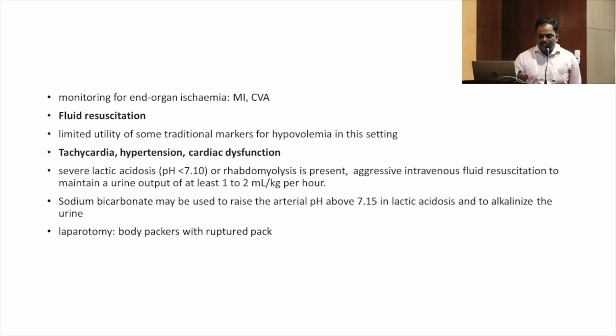Sometimes if severe lactic acidosis or rhabdomyolysis is present, very aggressive fluid resuscitation is required. Make sure that you don't overload this patient initially. Soda bicarb might be used if pH is less than 7.15, and particularly body packers, if there are cocaine body packers or amphetamine body packers where the capsule has been ruptured, then you might need to do a laparotomy.